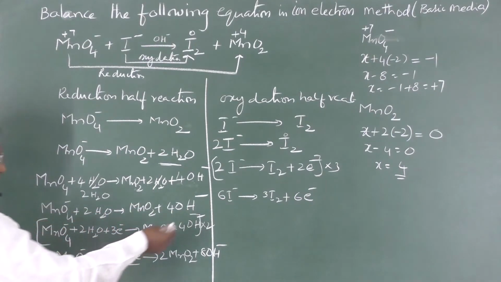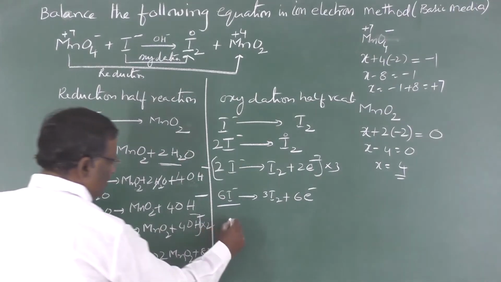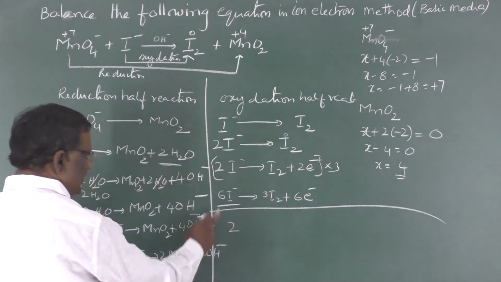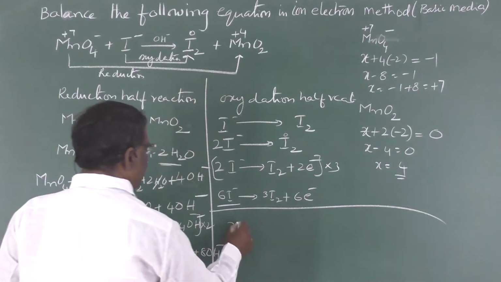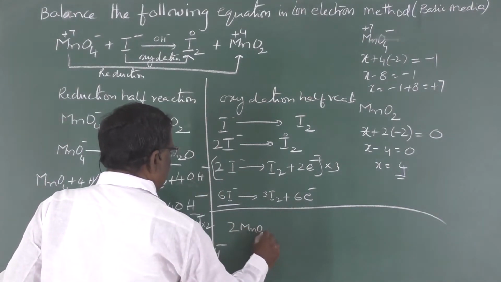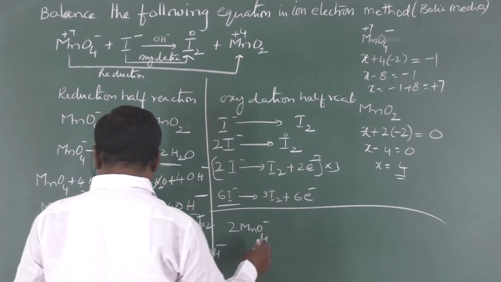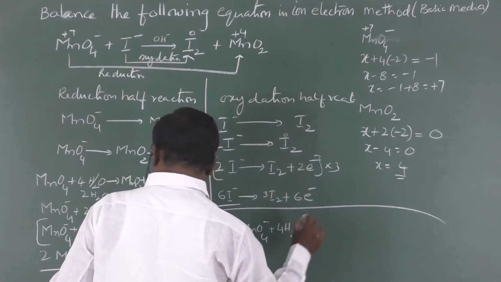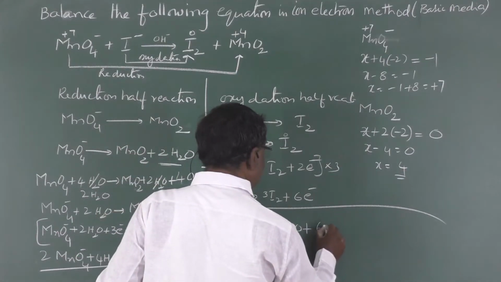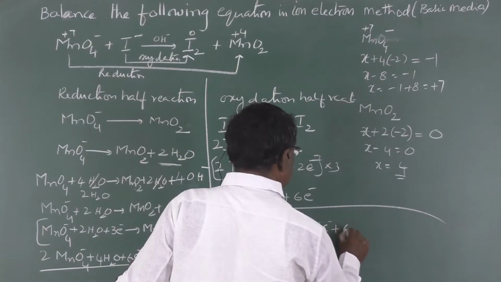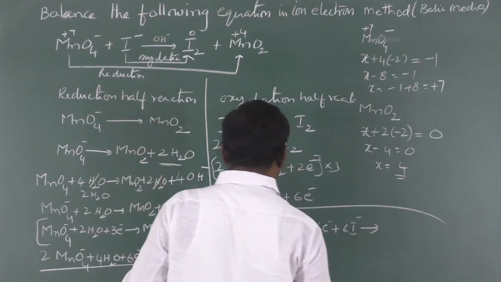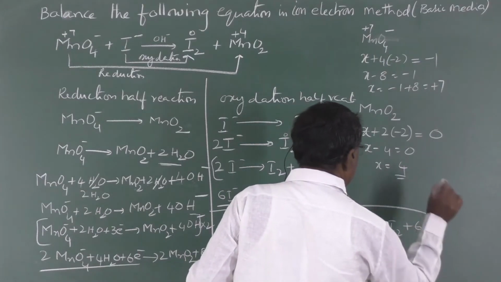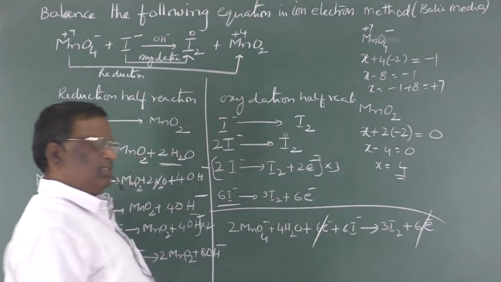First the reactant side. That is 2MnO4 minus. This is the final equation; up to this it was only the half reactions. 2MnO4 minus plus 4H2O plus 6e minus plus 6I minus gives 3I2 plus 6e minus. 6e minus and 6e minus are cancelled.